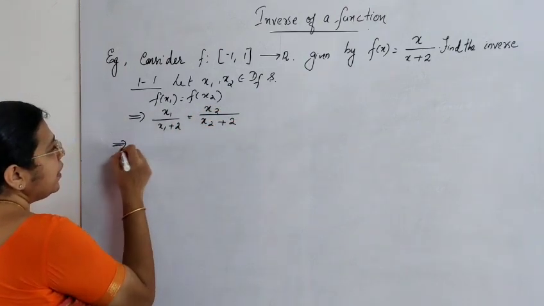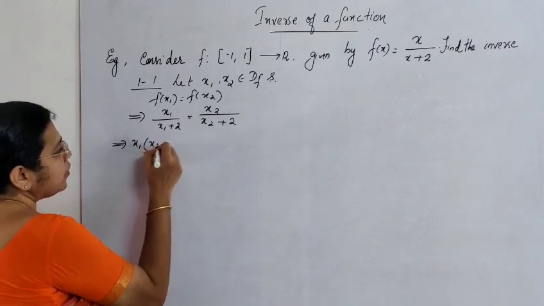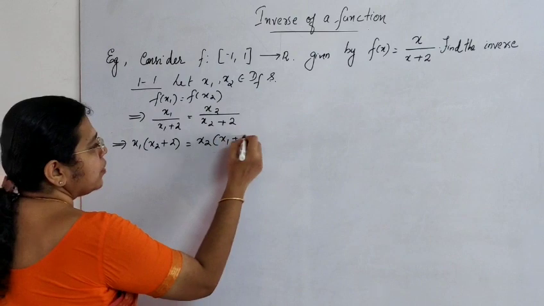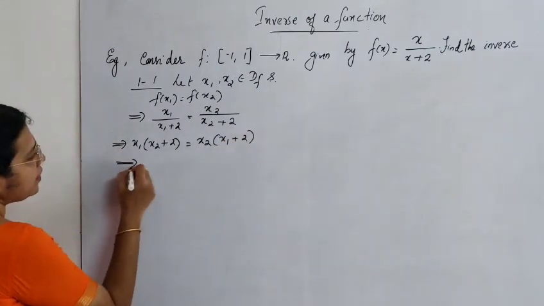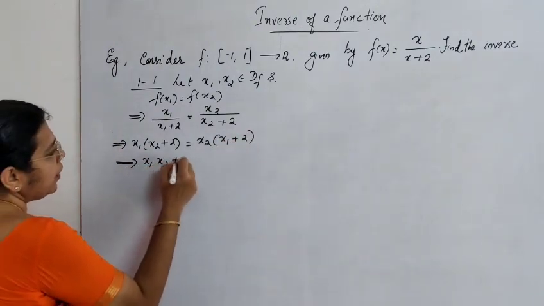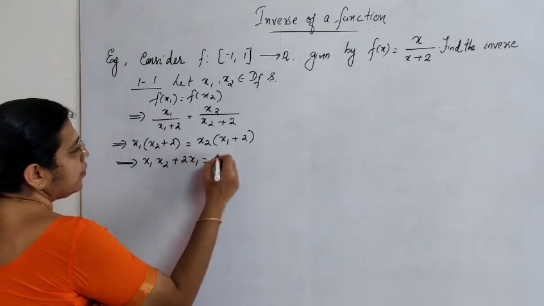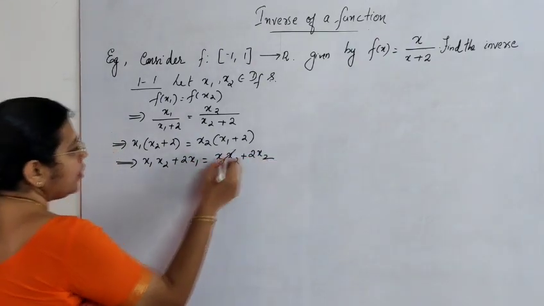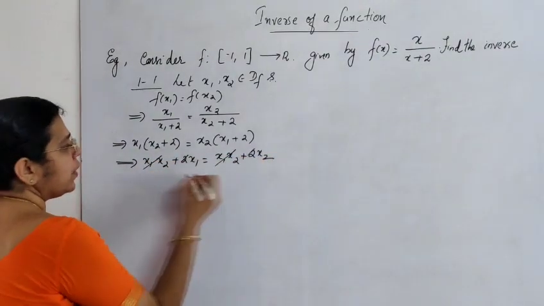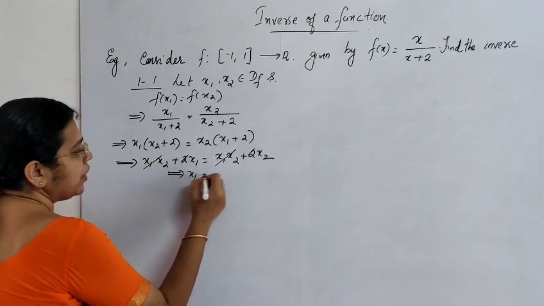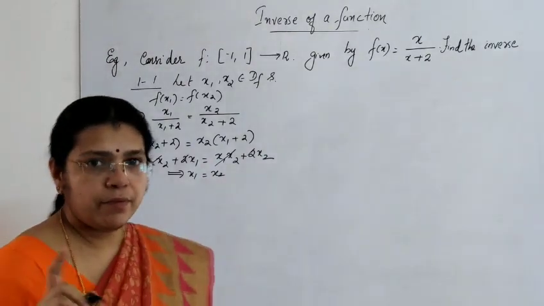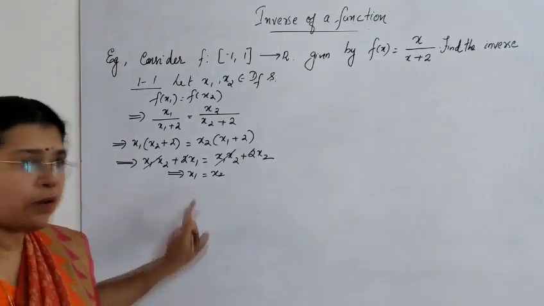Cross multiplying, x1(x2+2) = x2(x1+2). This implies x1x2 + 2x1 = x1x2 + 2x2. Now x1x2 and x1x2 cancel, further 2 and 2 cancel, which implies x1 = x2. Therefore the function is 1-1. This is how we prove 1-1.